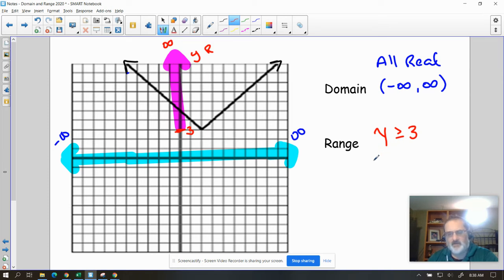So it goes from 3 to infinity and includes 3. When a number is included in your set, you use a bracket to include it. Notice I used parentheses because infinity is not included in the set. You can never get there. Okay, so that's the domain and range of this parent function.